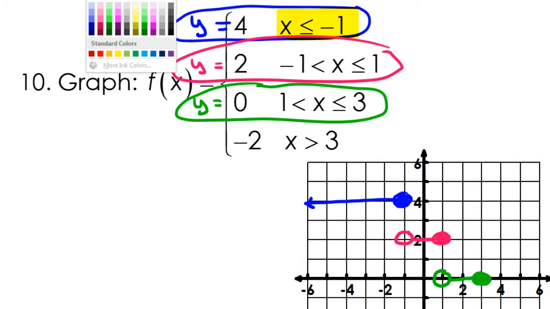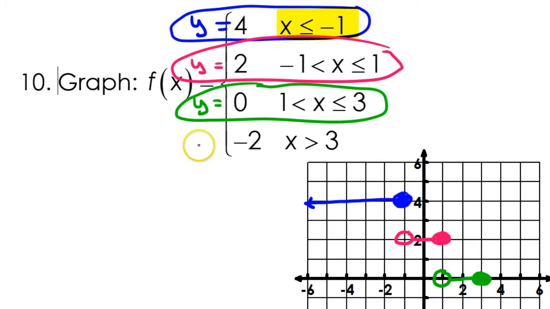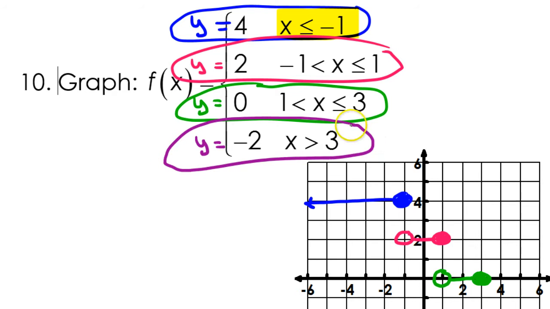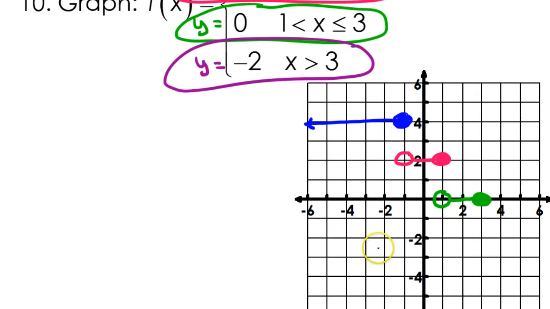And finally, we will do the -2. Think y equals -2. Y equals -2 would be a horizontal line at -2, like this. But we are not going to draw the entire line. That would fail the vertical line test.